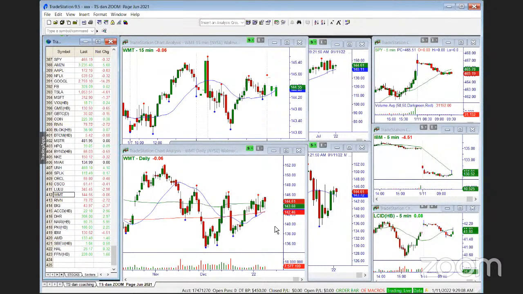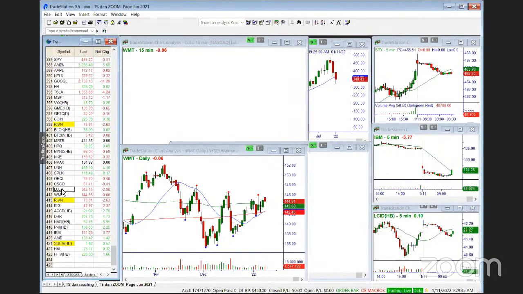But I'm going to set an alarm at 145.25, because if that can break out, it has nice room on the daily there. $145.25.